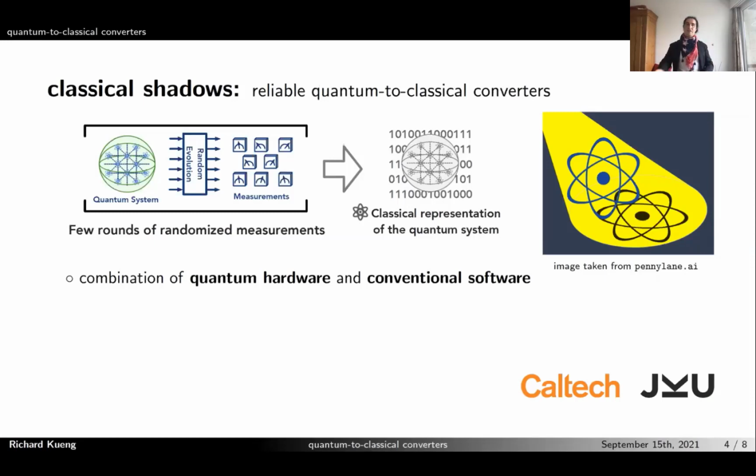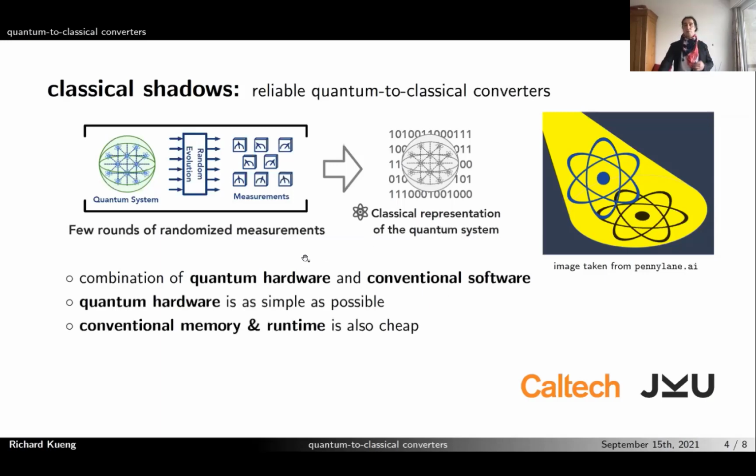And on a high level, this quantum to classical converter that we call classical shadows, illustrated here, is a delicate combination between a quantum hardware part of a quantum computer, and conventional post-processing software. And the quantum hardware is non-trivial, but it is in a precise sense as simple as it could possibly be without being wrong.